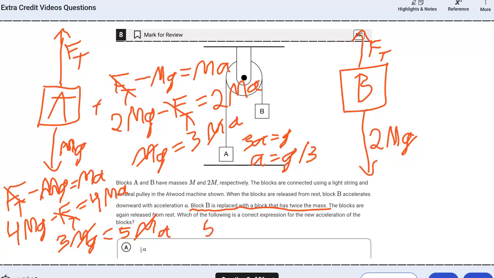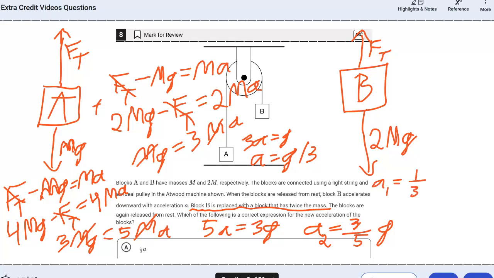We get 5a equals 3g, so a equals 3/5 g. I should say, our second a, A2, when the mass of B is doubled, would be 3/5 g. And then our A1 was 1/3 g.